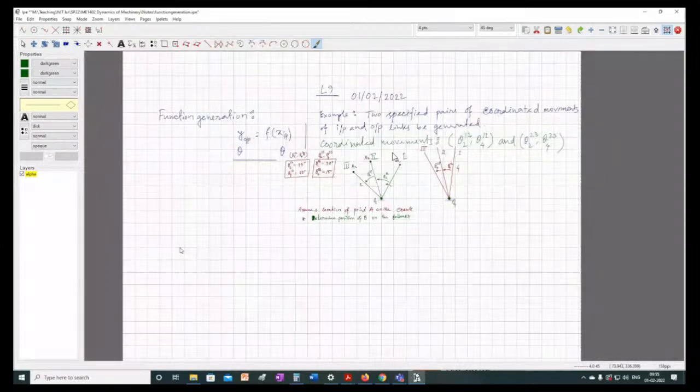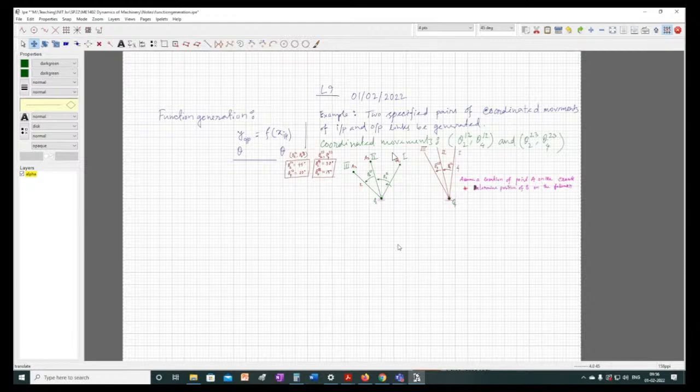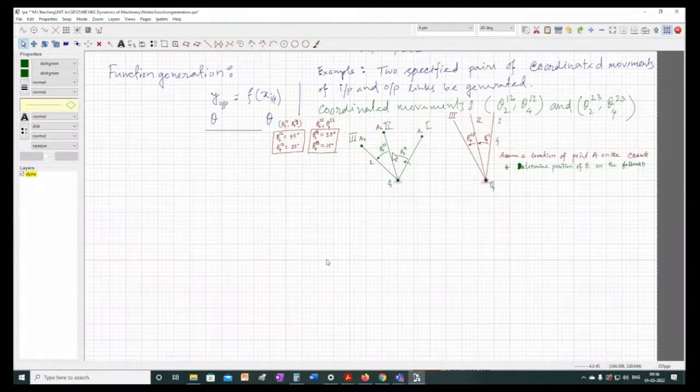Any idea? Any guess? The position of O2 with respect to A1. Position of O4 with respect to A1, O2.